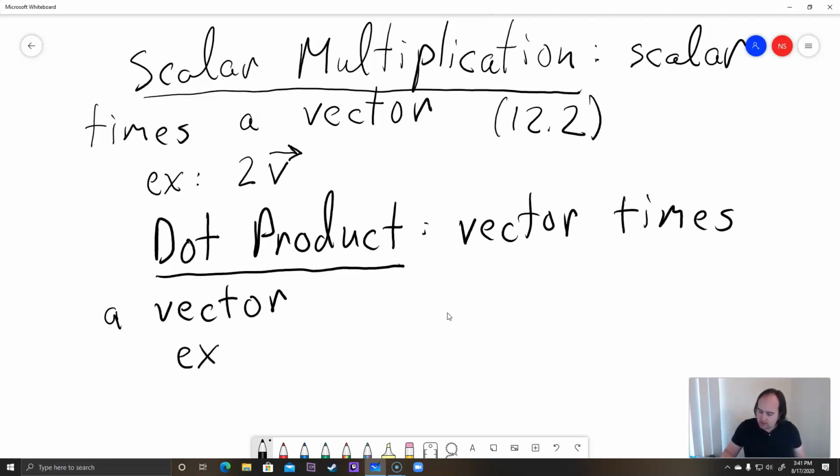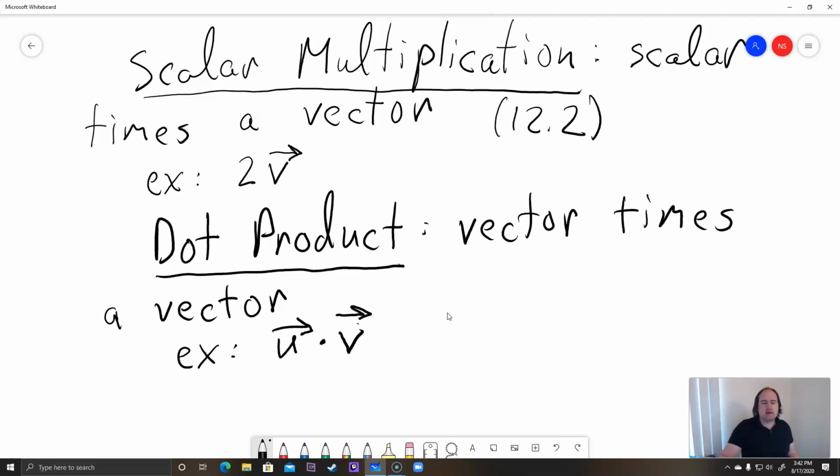So for example, we could have vector u times vector v. The thing is, we put a little dot there. That dot is important. That's what makes it a dot product. And in the next section, we'll be learning about the cross product, which is another type of vector multiplication.